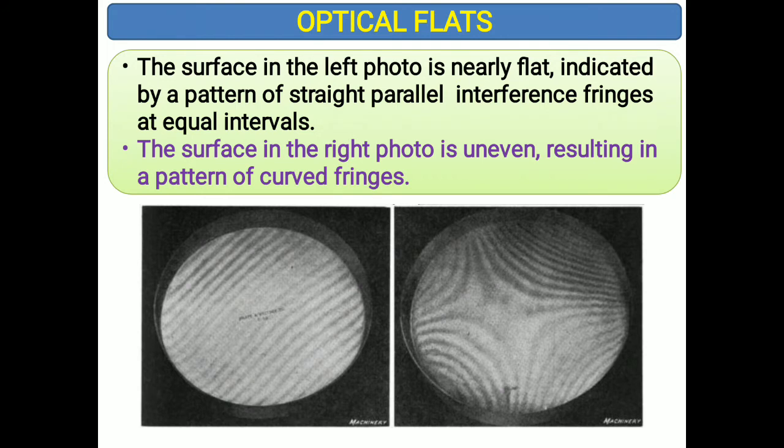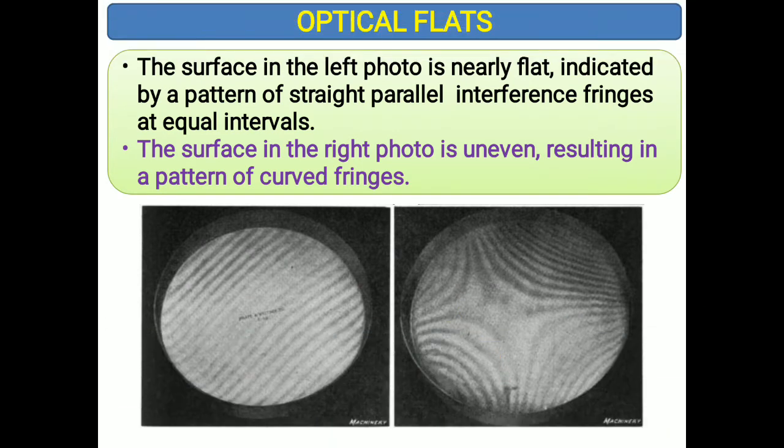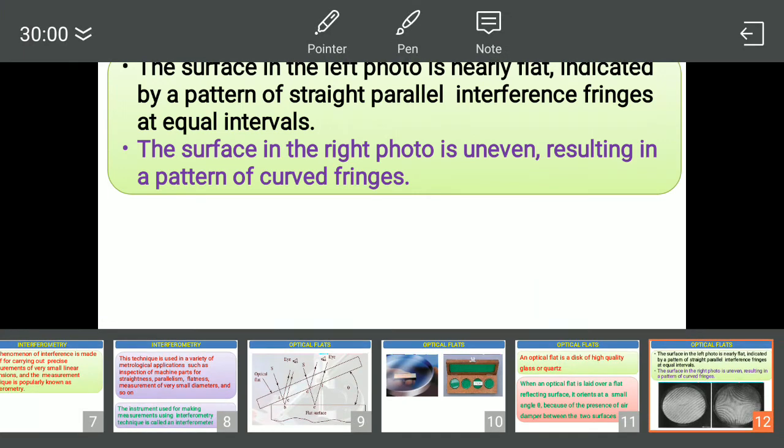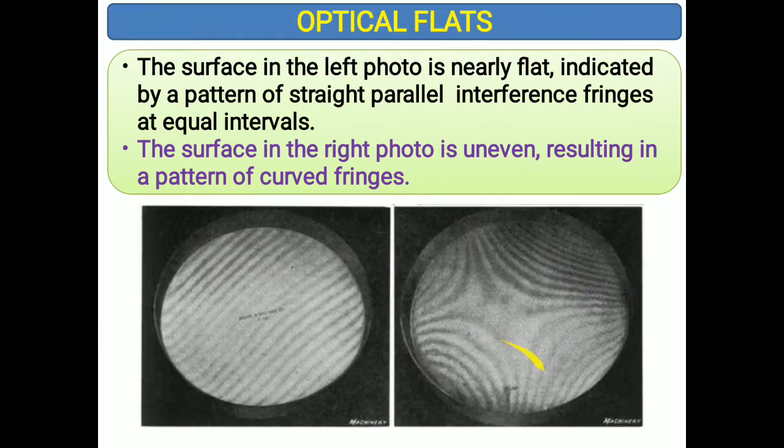If the surface is not flat, then these are not straight lines, these are curved lines. So that's why the surface is not flat. By this way we can check the flatness of surfaces by using optical flats. This is also an interference technique.